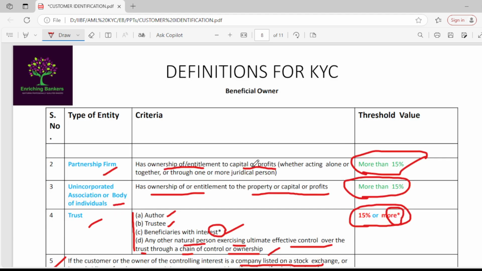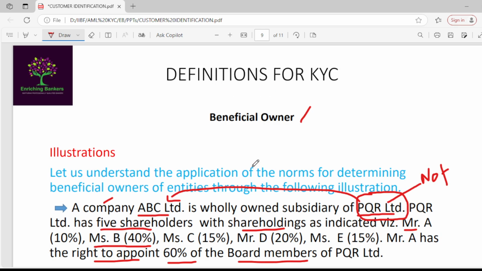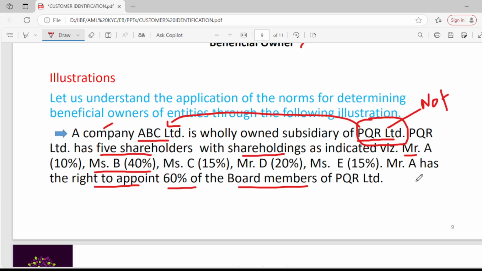So let us see who satisfies this criteria. Here it is given that Mr. A has the right to appoint 60% of the board members of PQR Limited. So Mr. A has satisfied that condition. Mr. A has a right to appoint a majority of the board members.